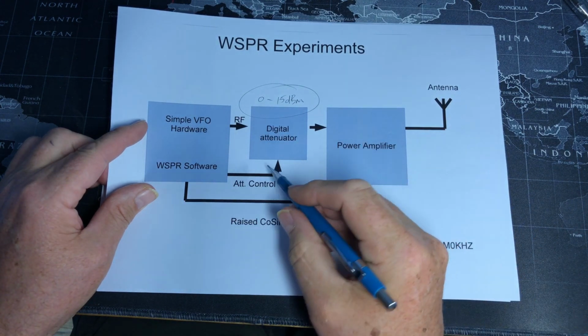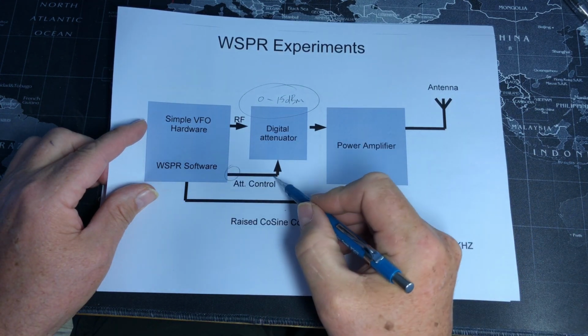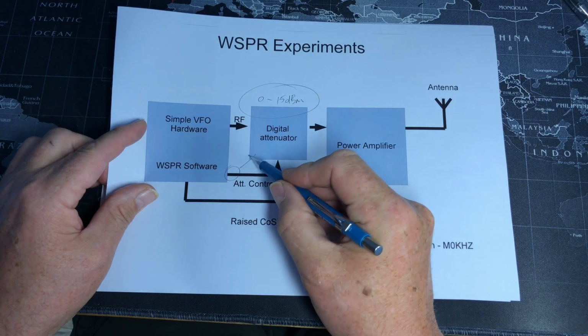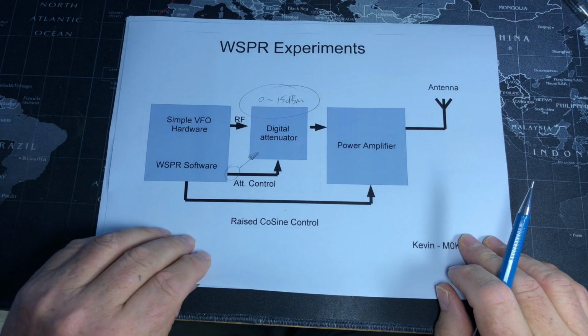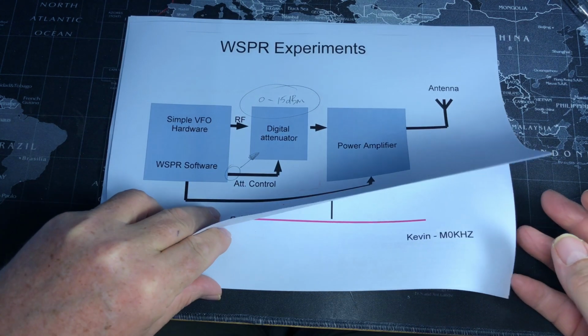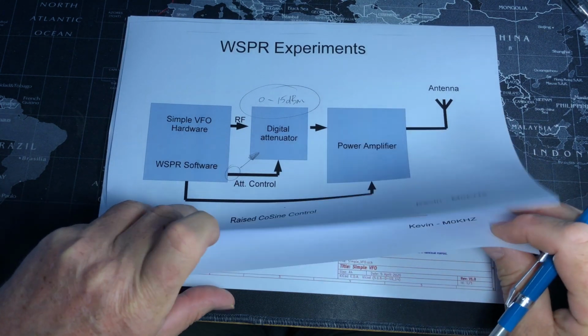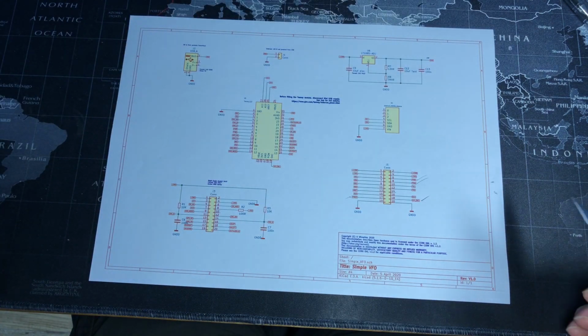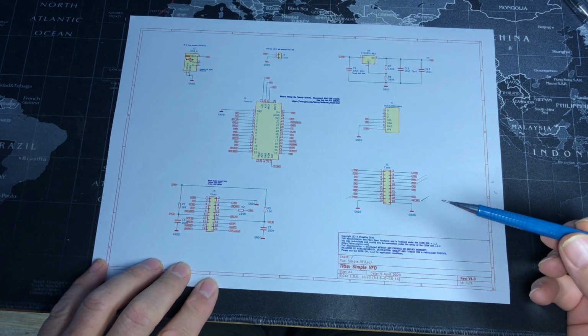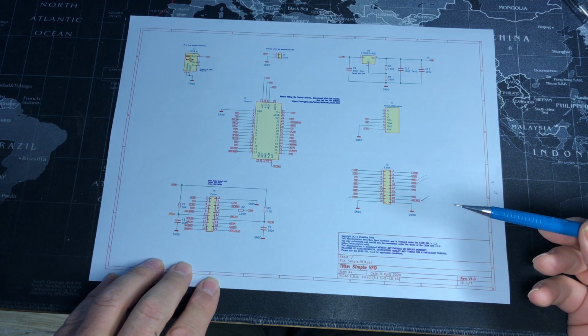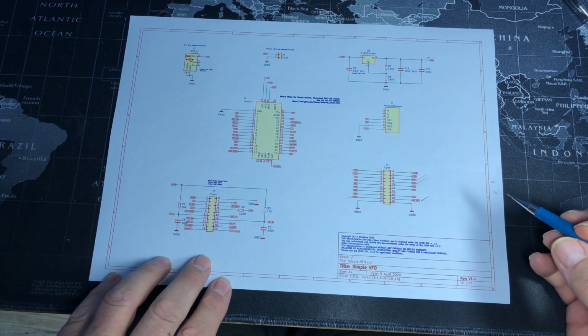Well, we also need to make sure that the hardware can control whatever device we select there. So just have a double check on the hardware. Now, you won't be able to see this very clearly, but this is the schematic of the processor board for the Simple VFO hardware.